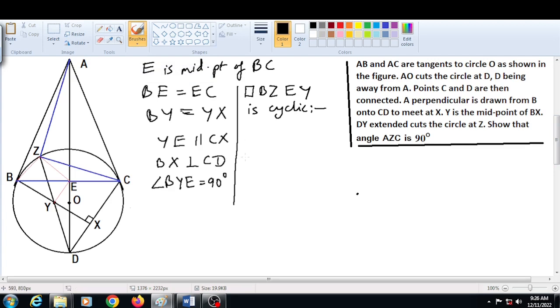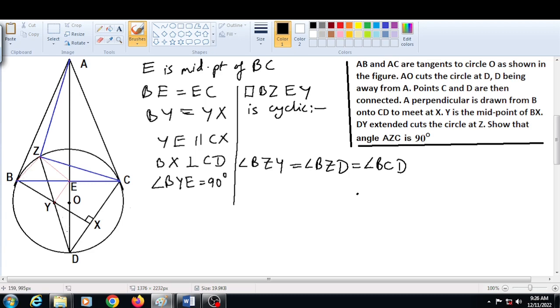Now notice angle BZY is equal to angle BZD. Basically they are the same angle, which is further equal to angle BCD, because they subtend the same arc.